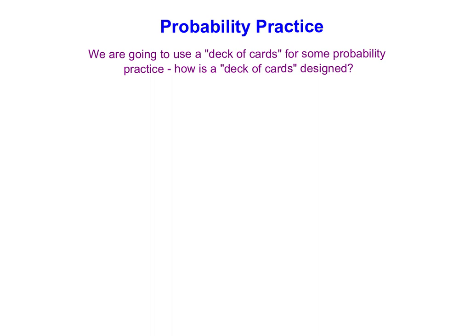Now, in order to practice probability, we're going to use a deck of cards. And because I know you might not be familiar with this, we're actually going to break down what a deck of cards is before we use it. So here we know that in a deck of cards, we have 52 total cards. Within that deck of cards, half of the cards are red and half of the cards are black.